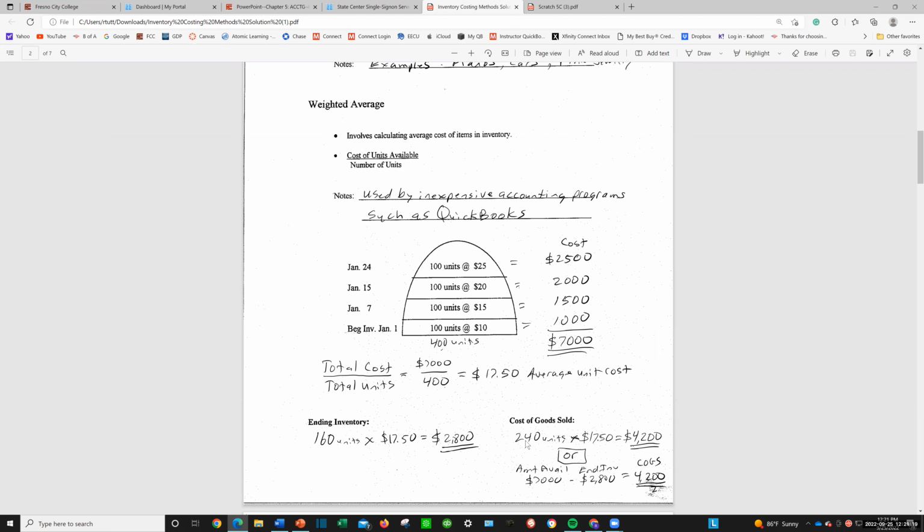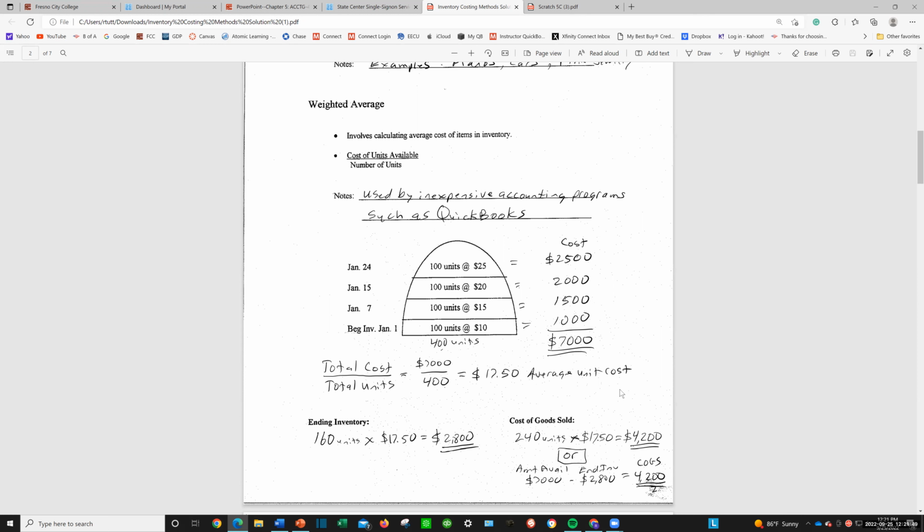Likewise, we have 240 units in our cost of goods sold, and we're going to value each of those units sold at the average cost of $17.50. 240 units times 17.50 gives us a cost of goods sold of 4,200.